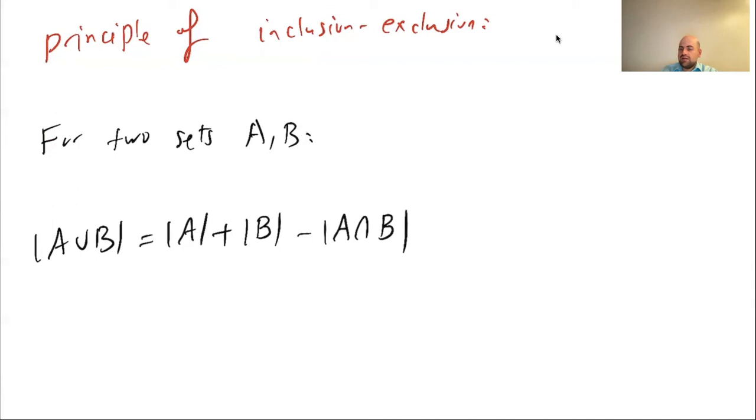But in cardinality A plus cardinality B, we are counting them twice. So what should we do? We have to subtract the number of elements in the intersection so that one of those two counts will cancel. So we'll get rid of that additional count and we'll be left with counting every element only once, as we should.